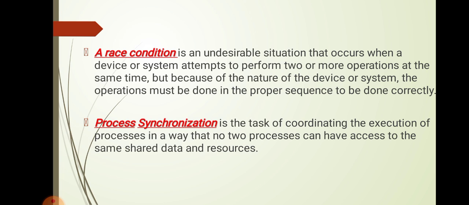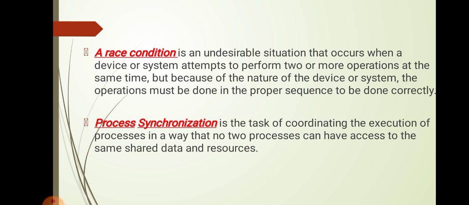We have to ensure that only one process at a time can be manipulating or accessing the same resource and data. To make that happen, we require that the processes be synchronized in some way.